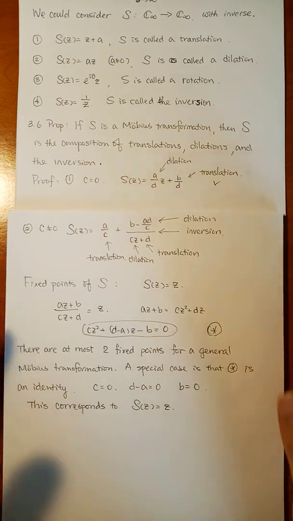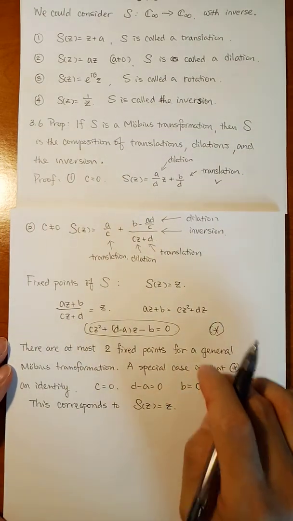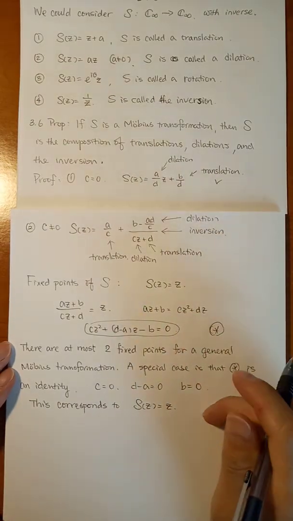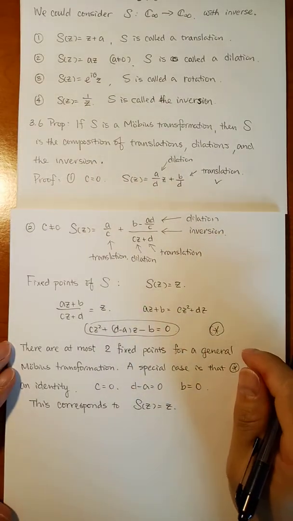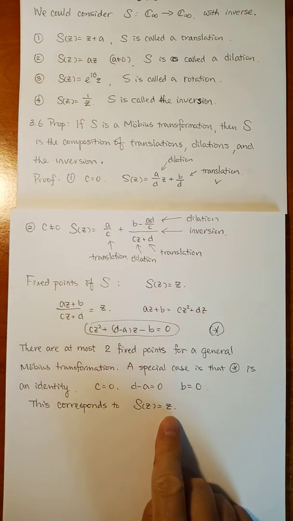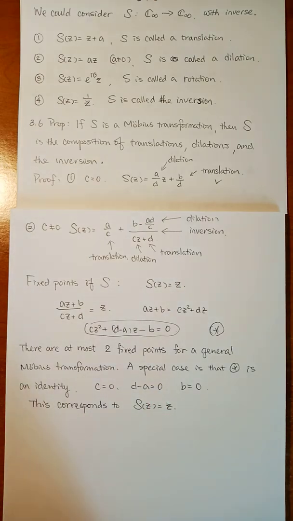Okay, so how can those fixed point information help us to identify a Mobius transformation? A Mobius transformation, if it's not identity, will have at most two fixed points.